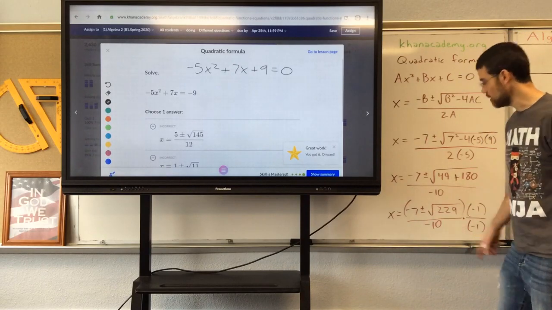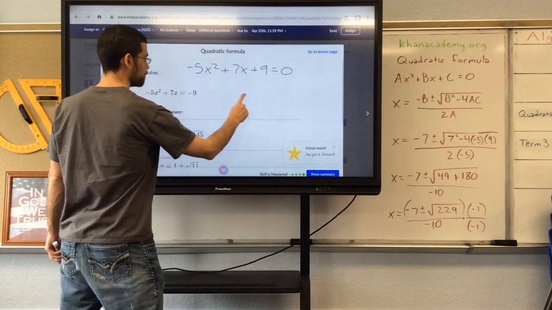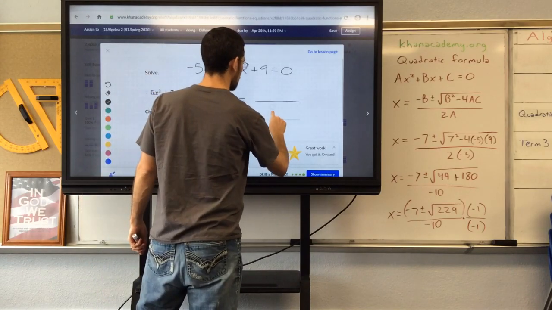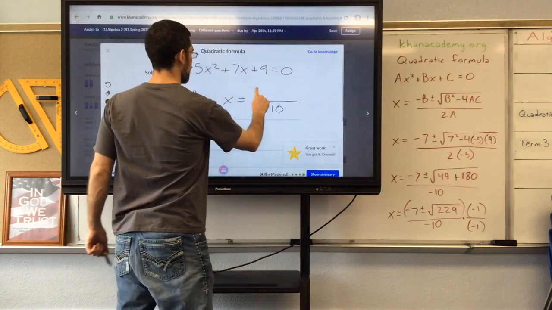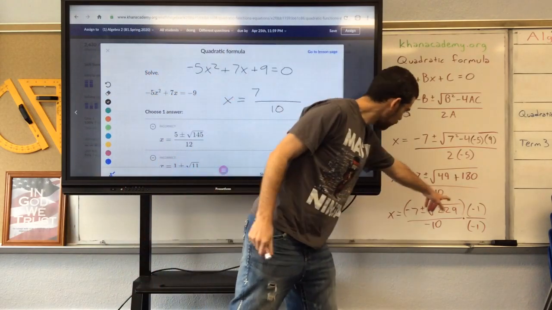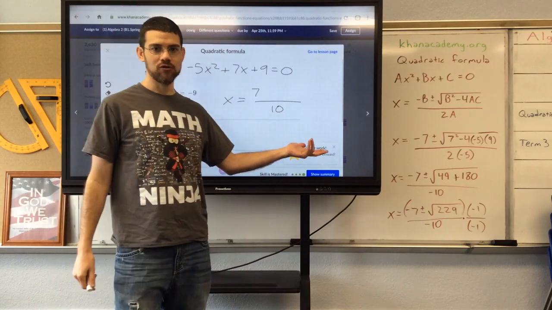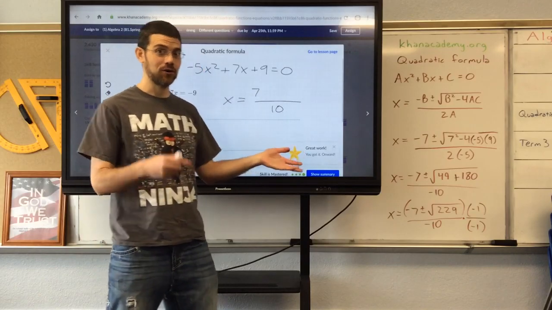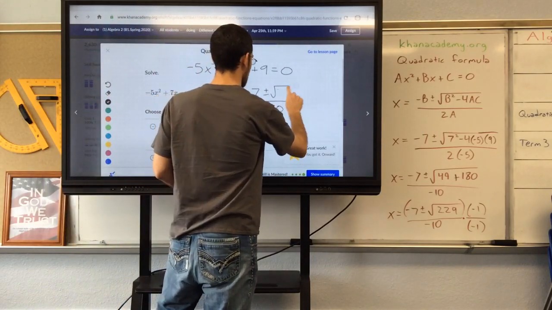Negative 1 times negative 10 is 10, so we get x equals something over 10. Negative 1 times negative 7 is 7. Negative 1 times plus or minus, well, negative 1 times positive is now negative, and negative times a negative is now positive, so you still have a plus and a minus. That really hasn't changed.